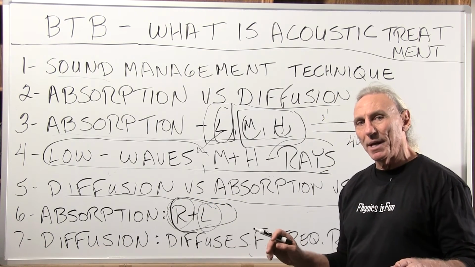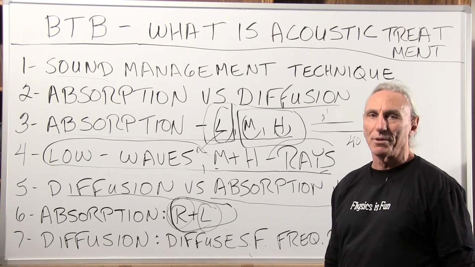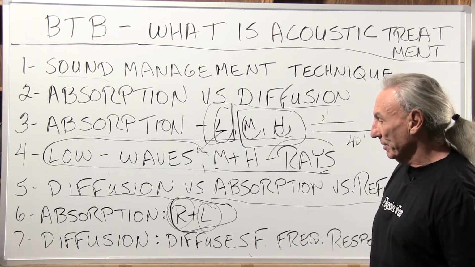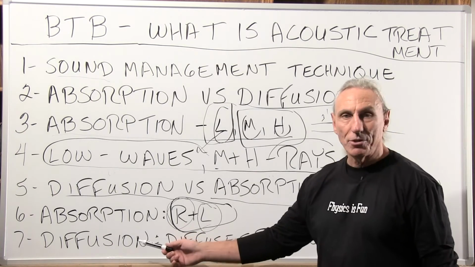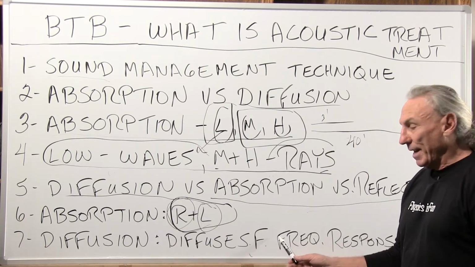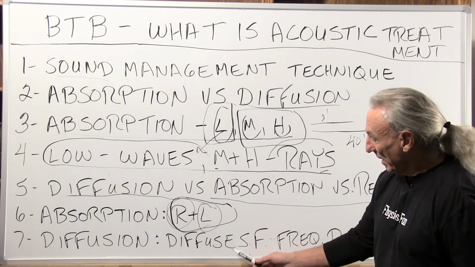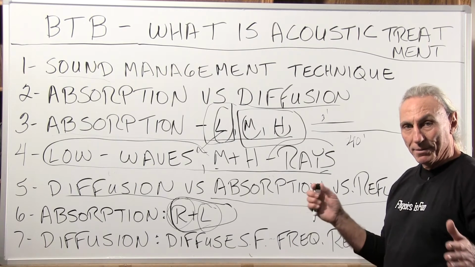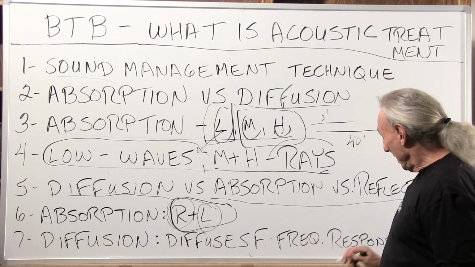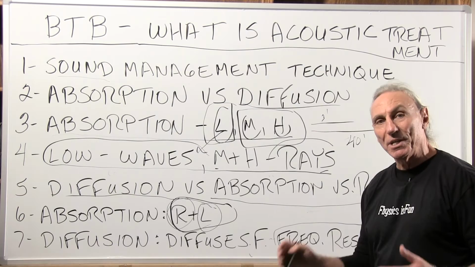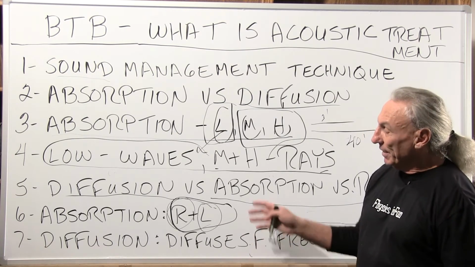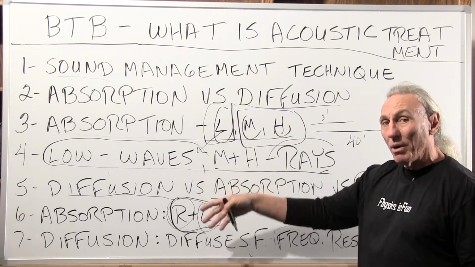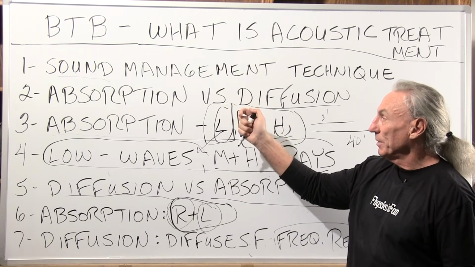All that has to be taken into consideration when you design a room. Diffusion has a frequency response, and it has depth and physical requirements, and it must be matched to the distance that you're sitting. So it's actually more complicated than absorption.